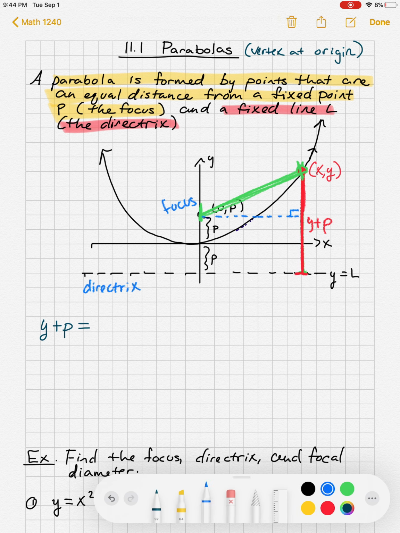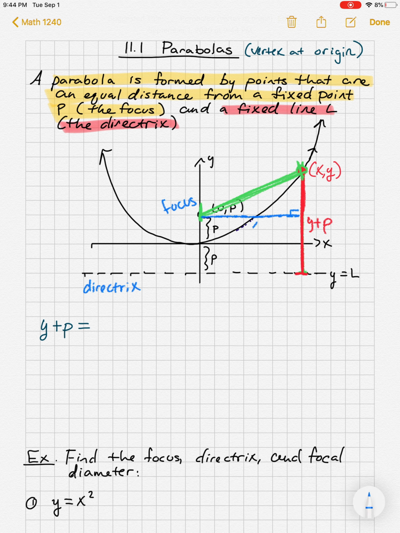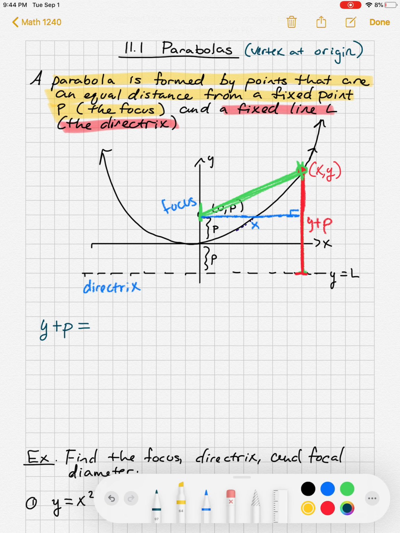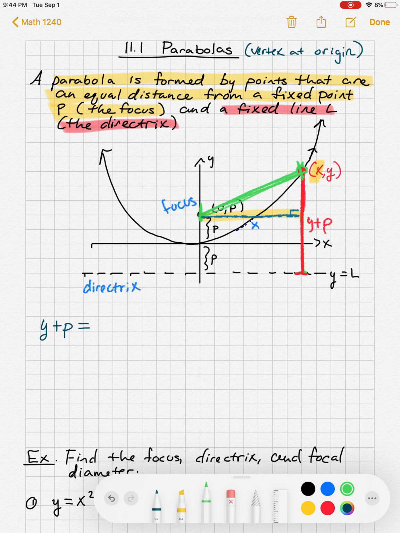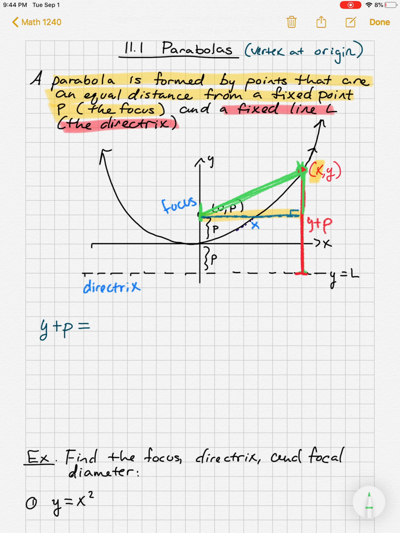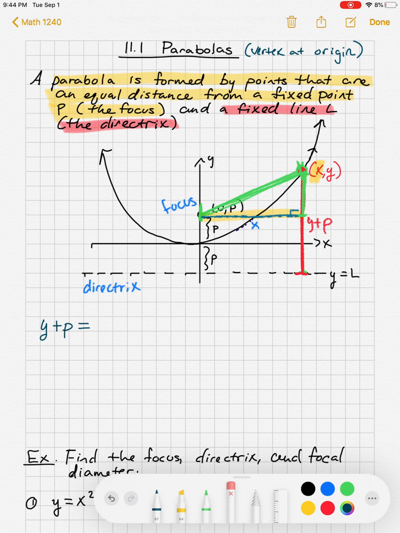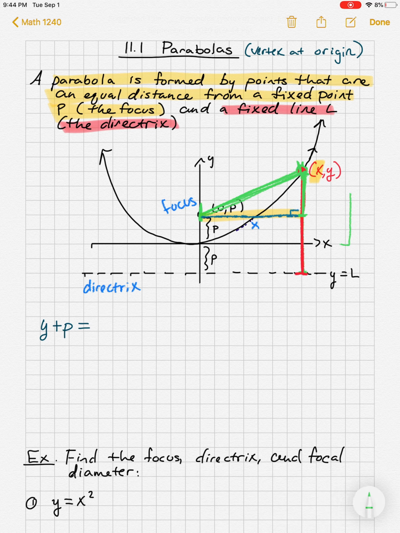Looking here, this distance is x, because you go right by x to get to that point. What about this height? Starting from here and going all the way up, that's a distance of y. This is a distance of p. So wouldn't this be y minus p?